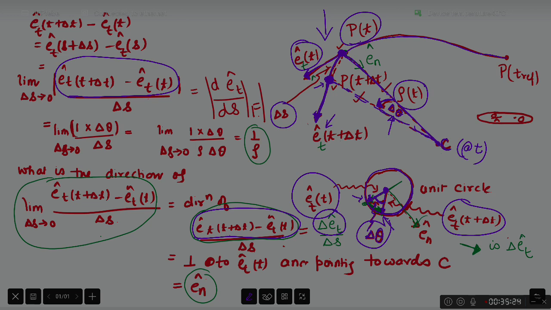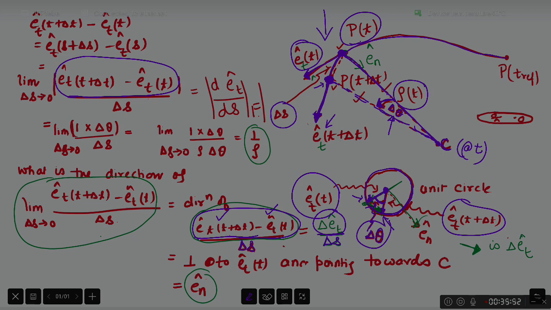This is a vector which is the difference between the Et vectors at two time instants. And then I also put delta S in the denominator and it becomes delta Et by delta S. Now look at this figure again.